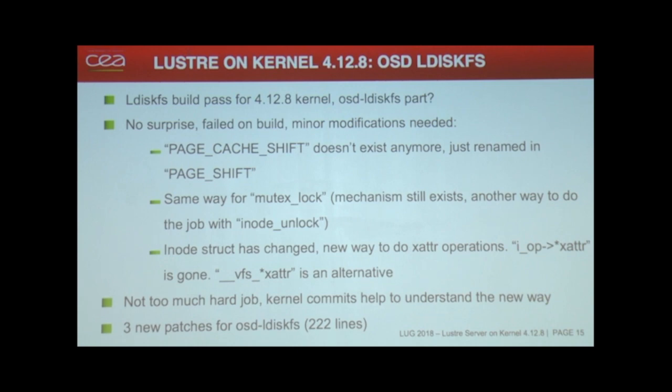When there is a modification in a structure, if you read the commit, you can easily find a way to do your job. So the patches for OSD LGCFS are pretty small. We are only at 200 lines.